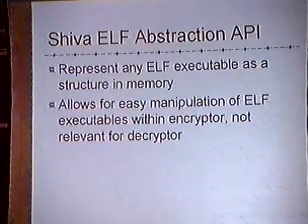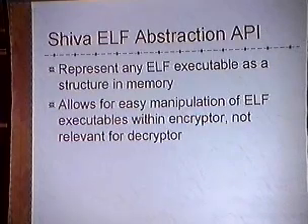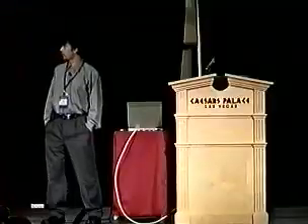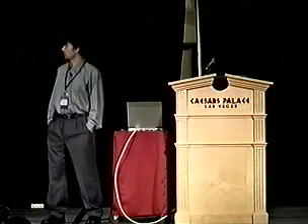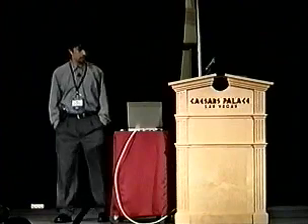So we developed an abstraction API which will read any ELF executable into a well-defined structure in memory, allow us to manipulate that structure, and at any point write that structure back to a working executable. So it made our lives a lot easier when developing Shiva to have this in place.